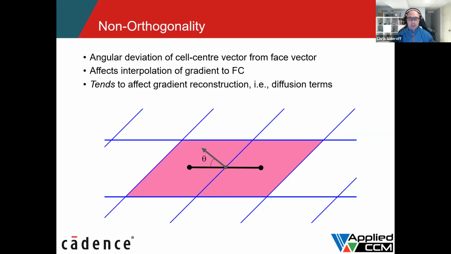The pressure Laplacian is very important for flows, where it's responsible for correcting the momentum equation, getting the pressure field, conserving continuity, this kind of stuff. So getting a solution of the pressure equation is key. Non-orthogonality can cause problems for that.